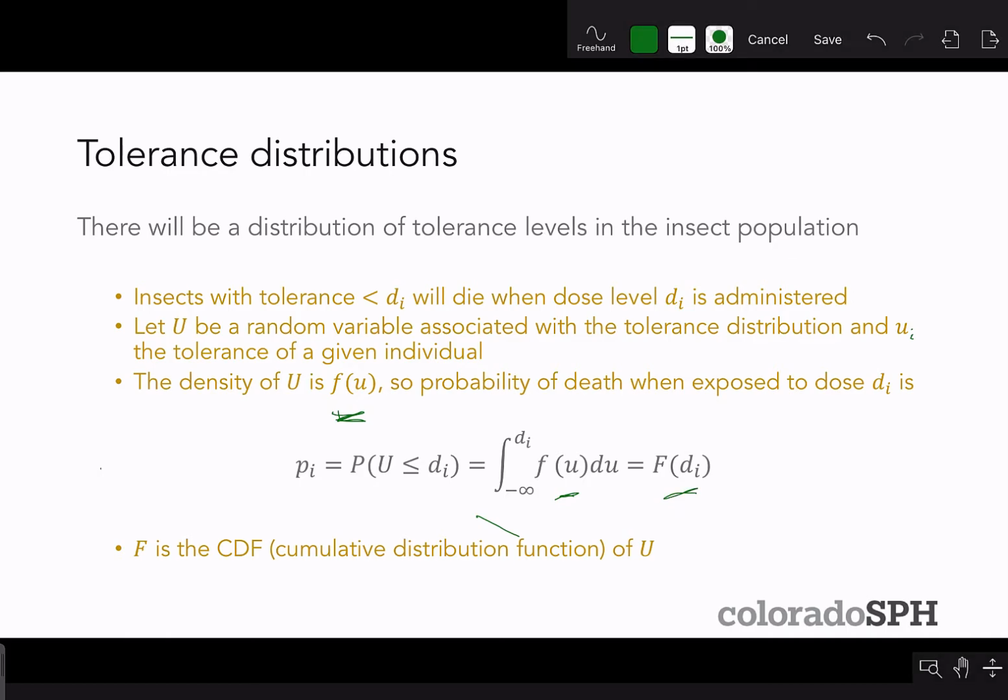So that's actually the CDF here. So the probability of death is given by the cumulative distribution function of U.